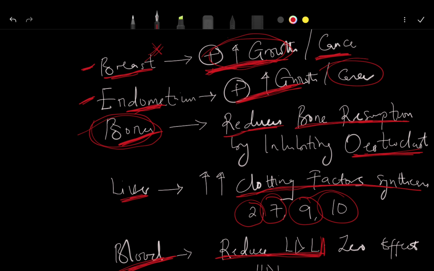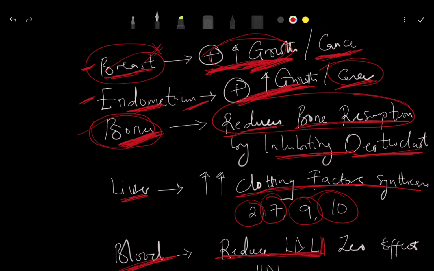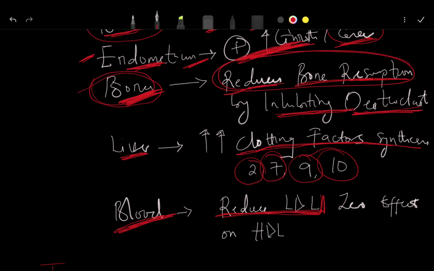Again, I will go over them. In the breast, it will cause an increase in growth, and whenever there is uncontrolled growth, it could lead to cancer. Same thing with the endometrium: it stimulates growth, and with excessive growth, the risk of cancer is there. Then in the bones, estrogen inhibits the activity of osteoclasts, and by so doing, there will be a reduction in bone resorption, so your bone will remain strong and there will be increased bone density.